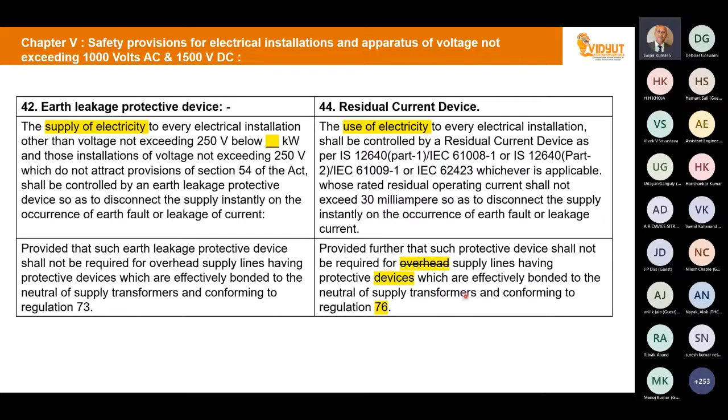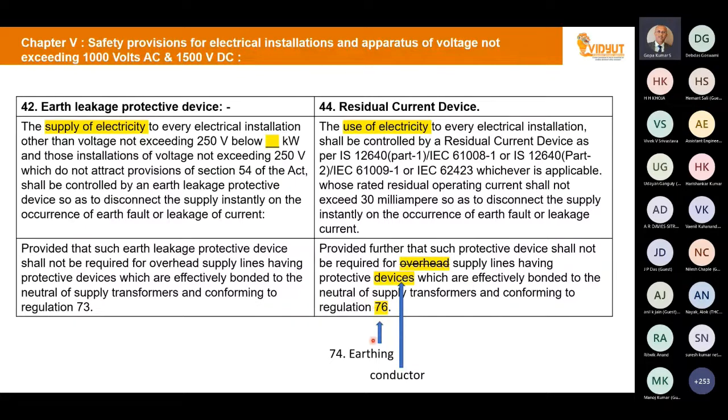Whereas in the second part, in case of a TN system, you don't need to use an RCD. What is a TN system? TN system is recommended in the regulation for the electricity supply company.